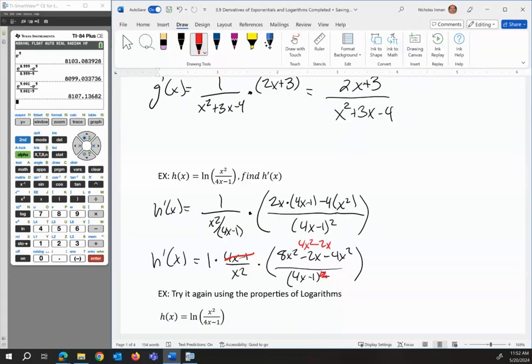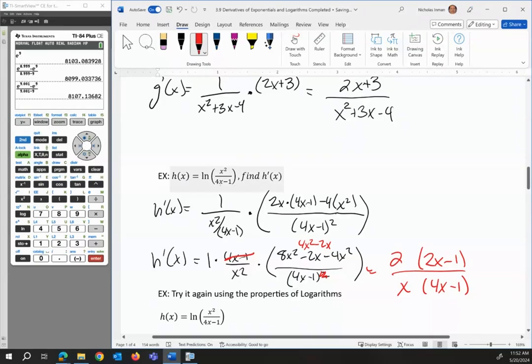It looks like maybe we could factor out 2x from that. On the bottom, we got an x squared and a 4x minus 1. One of these x's could reduce. So we have this wonderful answer here.